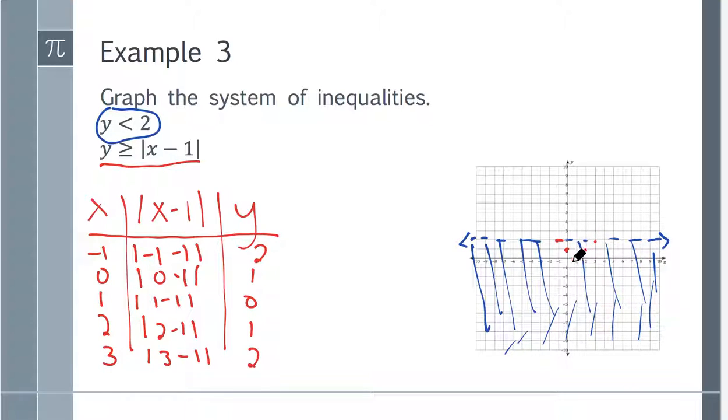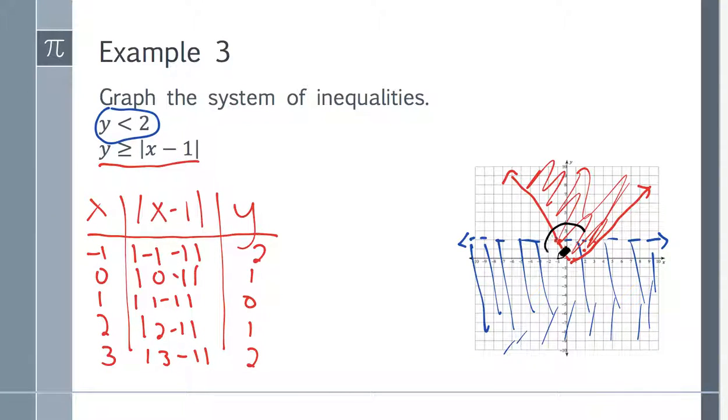It's greater than or equal to, so we want a solid line. Test a point or shade above. Look at that. This little area right there, with both shadings, is my solution region. I think we're getting the hang of this.